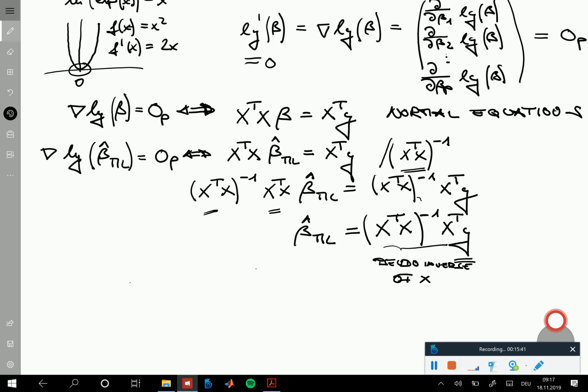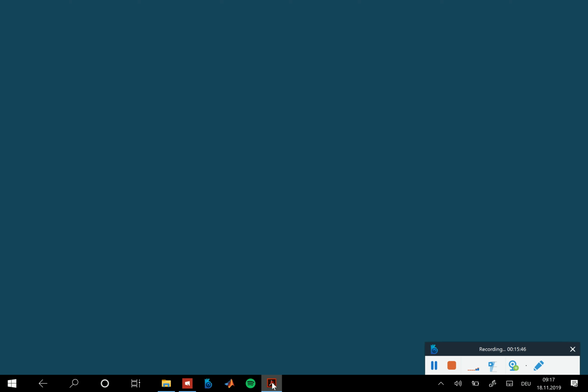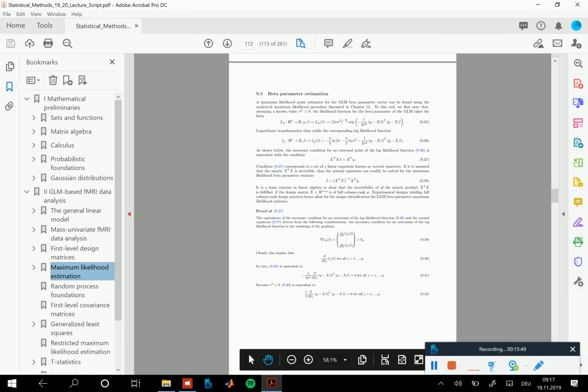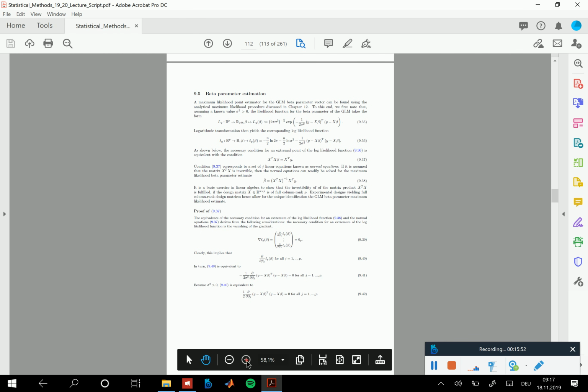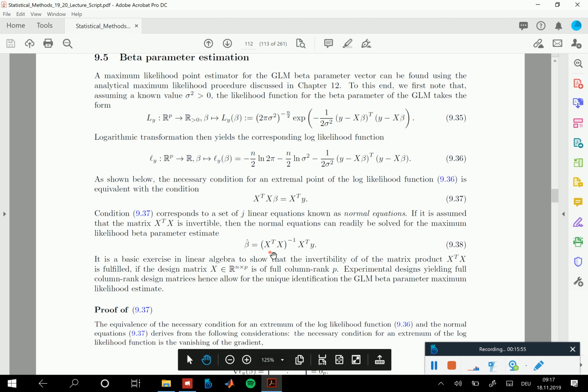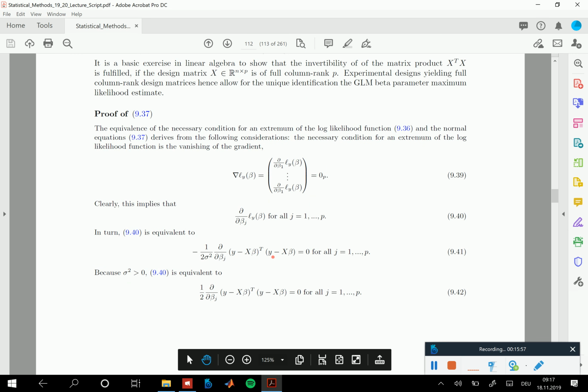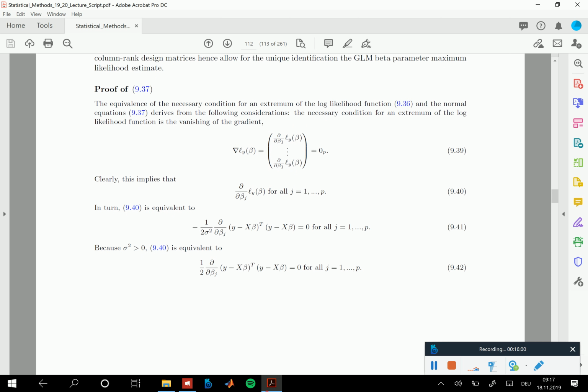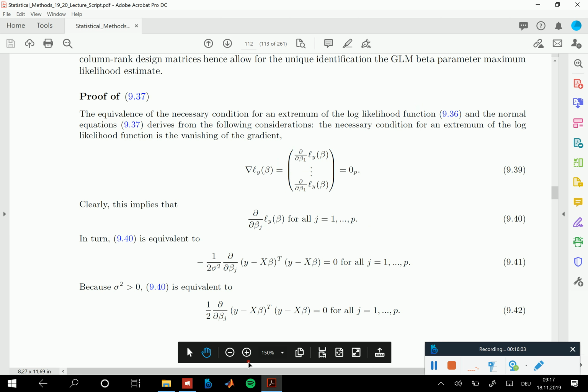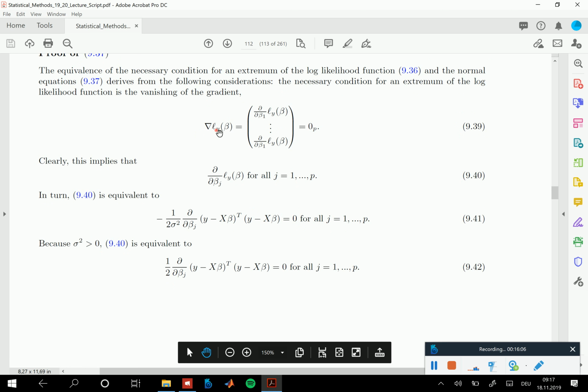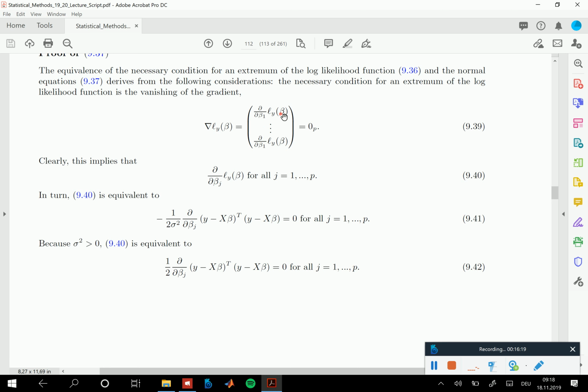Of course, this result crucially rests on the fact that these normal equations follow from setting the gradient to 0. And this I can show you in the script, where I wrote this down a little bit and already this morning found a typo. So there's this little proof here, 937. We're starting with the idea that the gradient is 0, and we somehow want to solve for beta, because that's the necessary condition for an extremum: our first derivative equals 0.